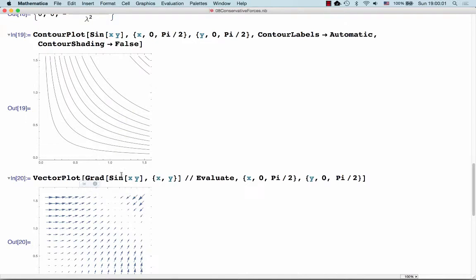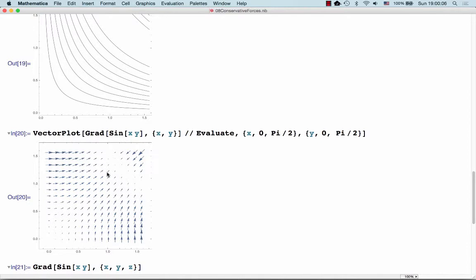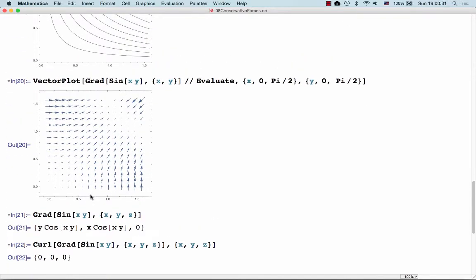And if I take the gradient of the sine of xy, we see that it basically is telling us how to point uphill. The steeper uphill you're going, so you're crossing through contours rapidly here, you get a big vector. The steeper you're going, the bigger the vector. The less steep you're going, see big spacing between contours there, the shorter the vectors are over here. So that's how we go about interpreting that.